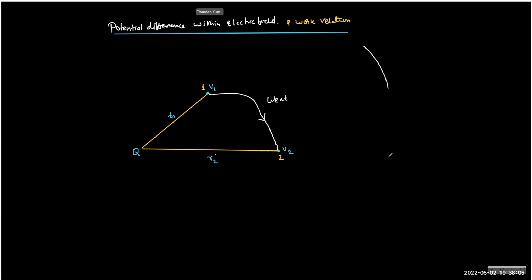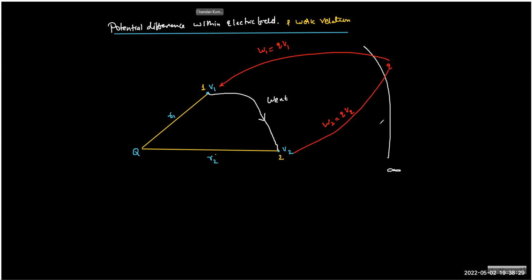So generally we know the answer for infinity, right? Yes, sir. So if I take a charge from infinity to point 1, the work we know is QV1. If I take a charge from infinity to point 2, the work we know is QV2.